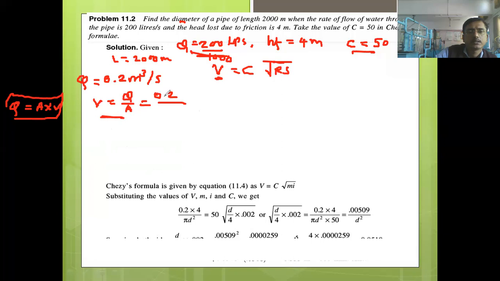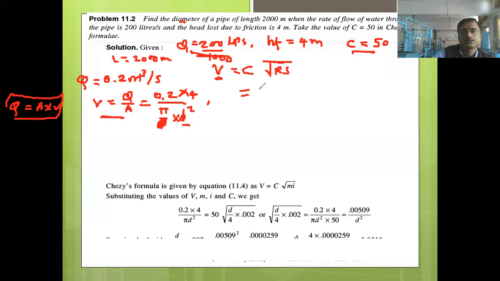What is area? डायमीटर दिलेलं नाहीये. ठीक आहे, मग इथं काय लिहायचं, π/4 इंटू d स्क्वेअर. हे 4 वरती जाईल. म्हणजे इथं πd स्क्वेअर आलं, वरती 0.8 येईल. आपल्याला डायमीटर काढायचे.